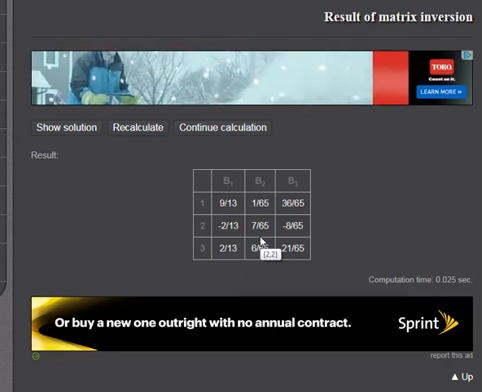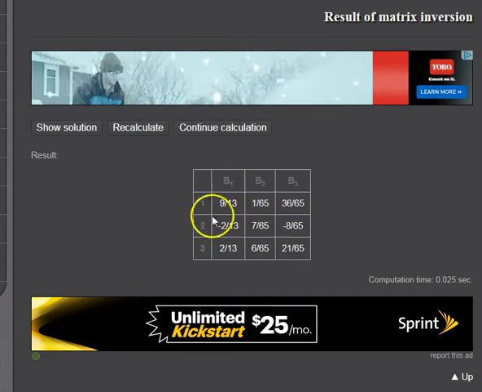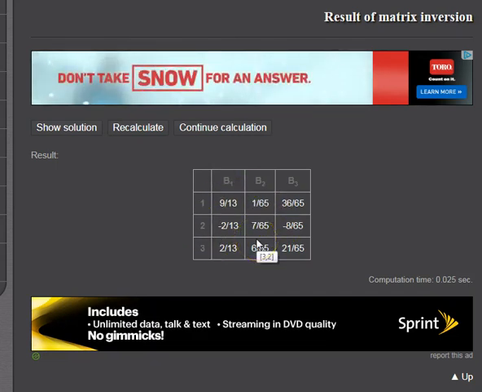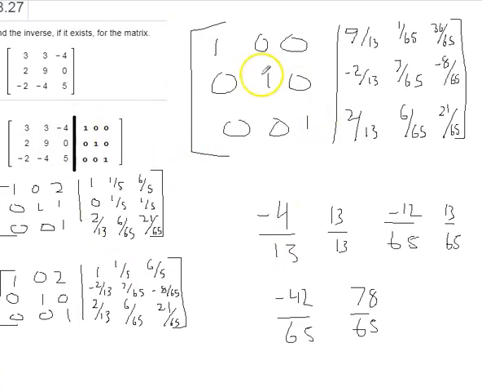So you do need to understand how to use the inverse and what it can be used for, but if you can get your calculator to do this, there's no reason to spend all the time and energy working it out by hand, especially when we start getting fractions and these more complex computations.